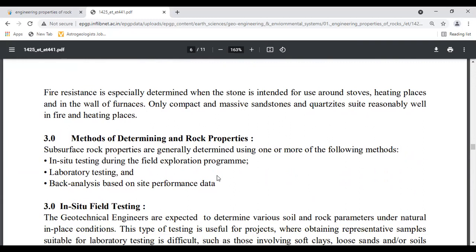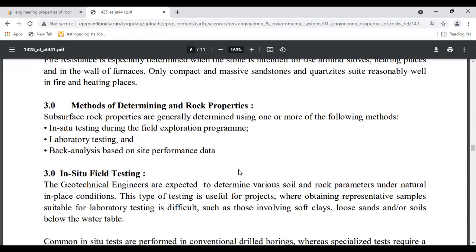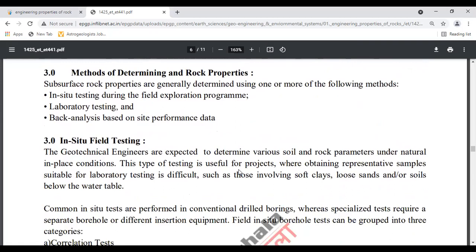Next, methods of determining rock properties. Subsurface rock properties are generally determined using one or more of the following methods: in situ testing during the field exploration program, laboratory testing, and back analysis based on site performance data. In situ field testing.